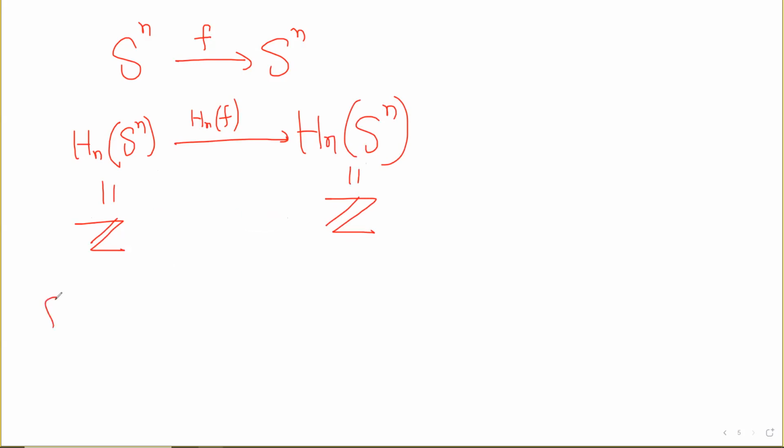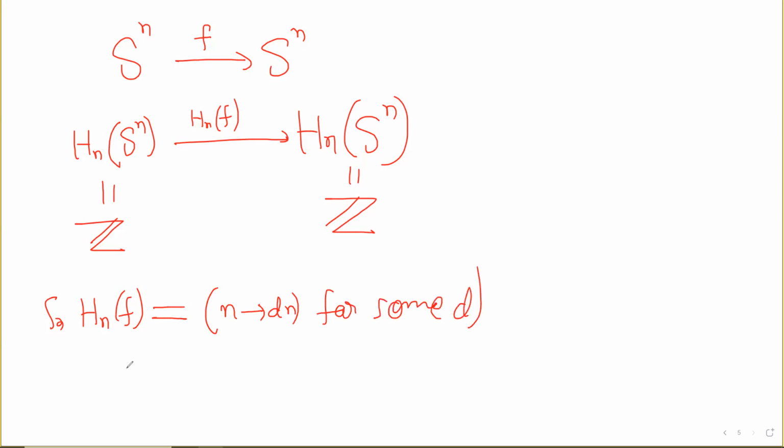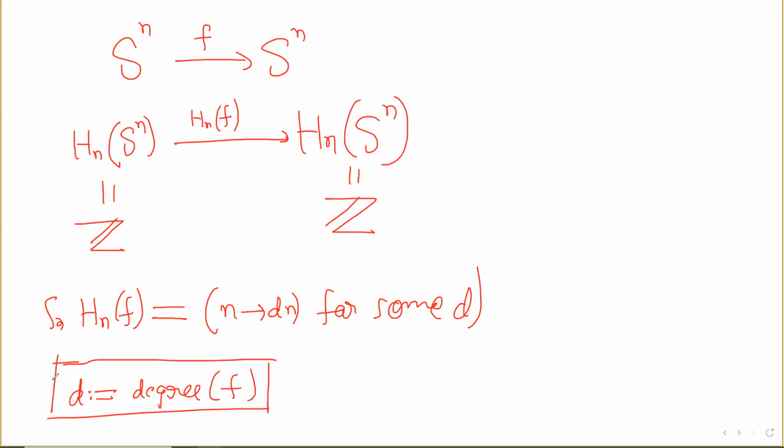So this map HnF is equal to n going to dn for some d. This d is unique, of course, and it is defined to be the degree of f. This is the degree of f.